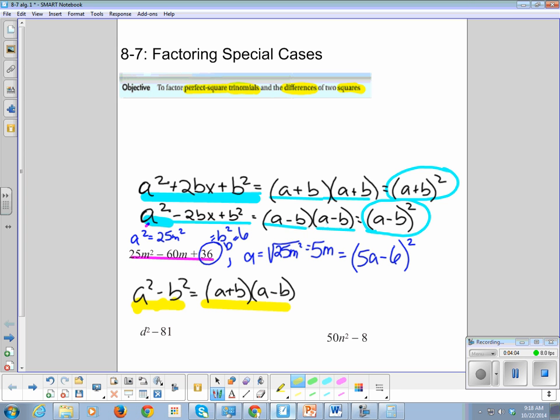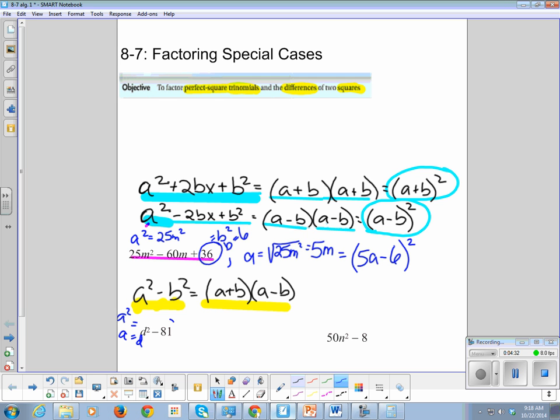So if I have d squared minus 81, if this is a squared, what is the a value? So if d squared is equal to a squared, what is a? Think about square roots. If a squared is equal to b squared, then singleton a should be equal to singleton b.